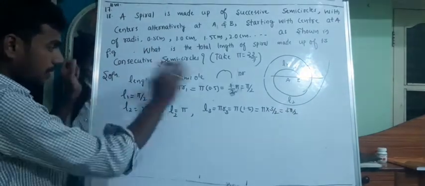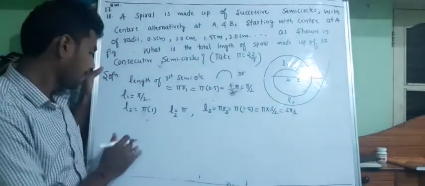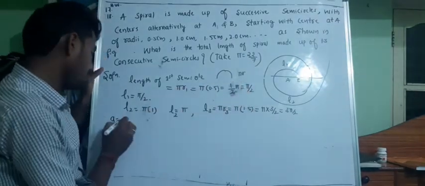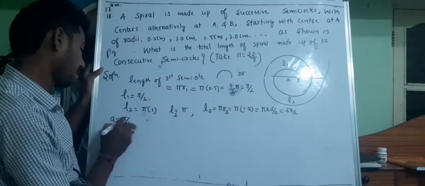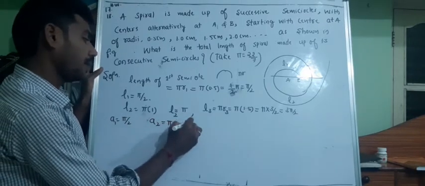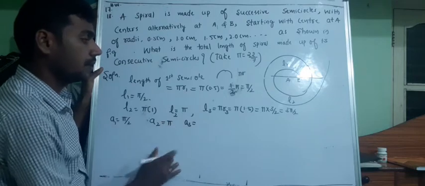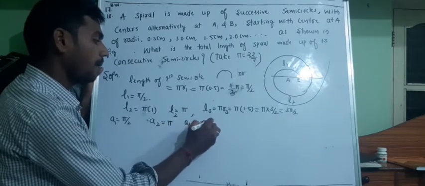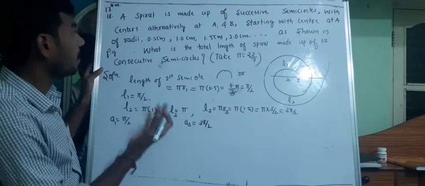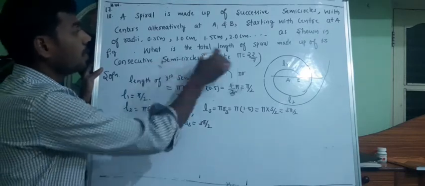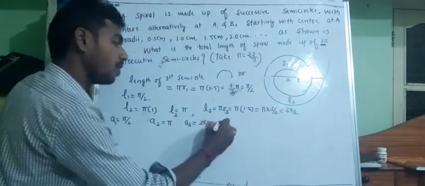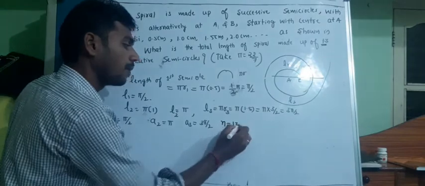Through this we got to know, first term is pi by 2, second term is pi, third term is 3 pi by 2. And how many such terms are there? Total 13. 13 semicircles means n is equal to 13.